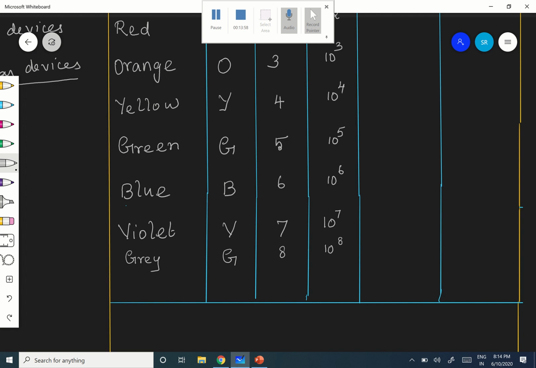Okay, next one is gray, white. I think place is not white, and for white it is W, and it is 9, 10 power 9. Okay, right, let me rub because I need some more place here.